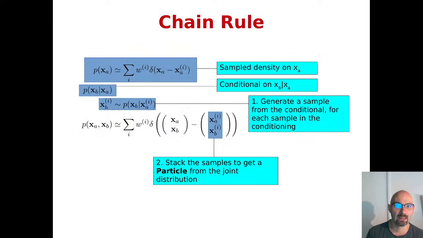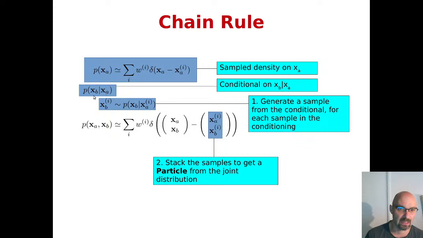And then we go on to the chain rule. How do I implement the chain rule? Once again, the chain rule requires some ingredients. We have an input distribution, which we call p of xa, consisting of a set of weighted Dirac delta functions centered on the values of the samples in my distribution.